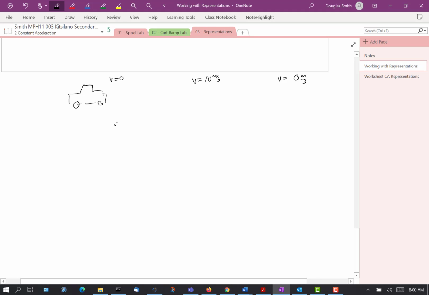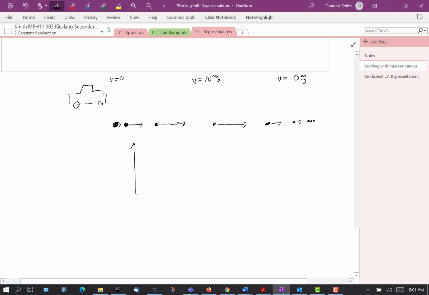If it starts at 0, we could do a motion map like this. So maybe, and then it starts to go back down to 0. So that's the motion map that would represent that motion.